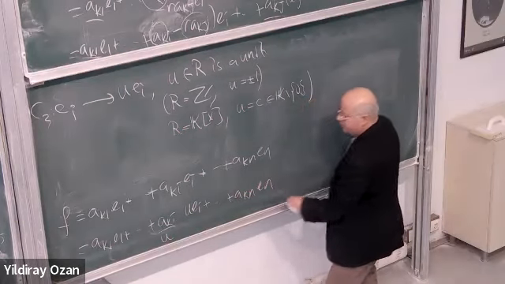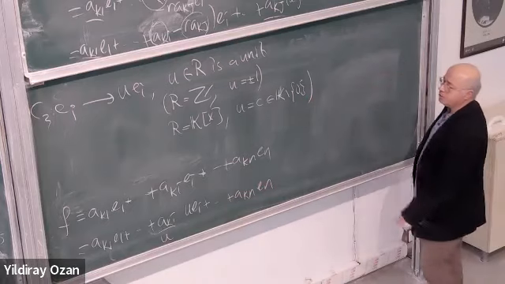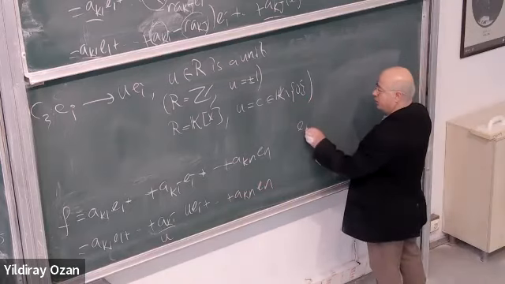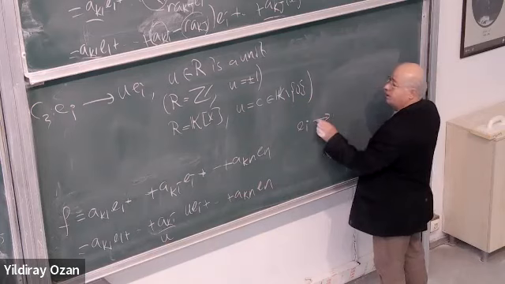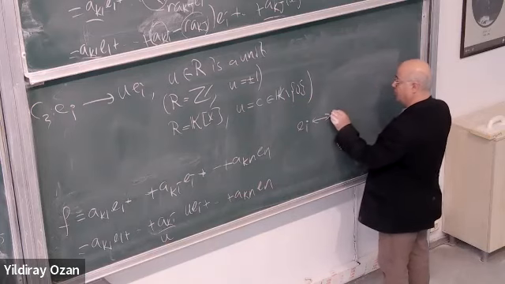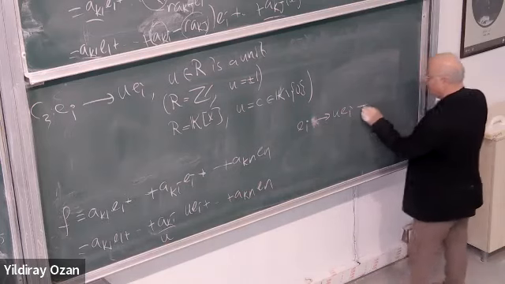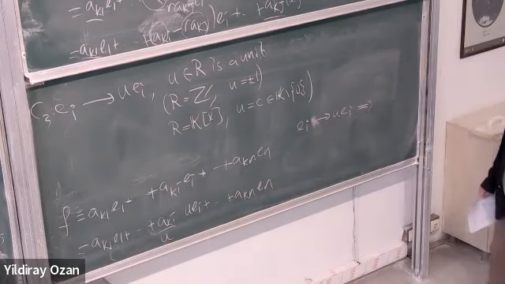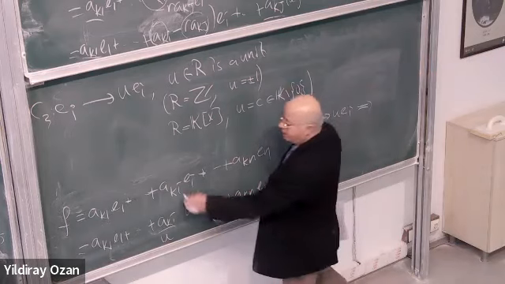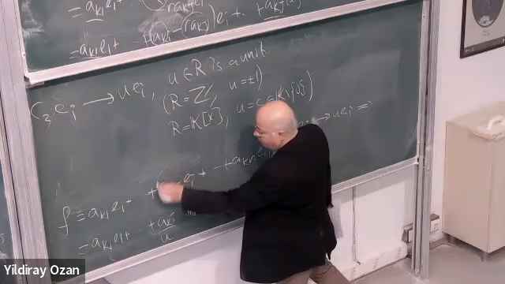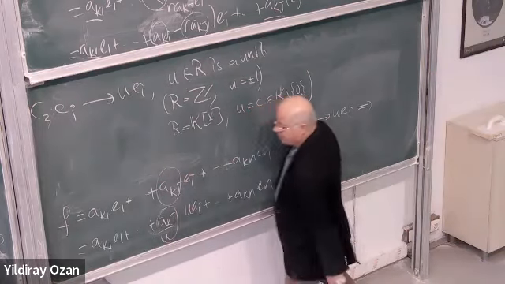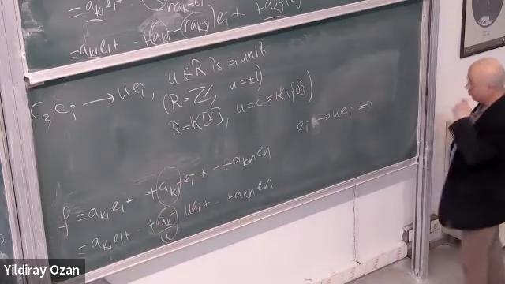Peki bu neye karşılık gelecek? So this operation corresponds to what? Replacing e_i with u e_i corresponds to what? You just multiply the kth column by 1 over u.